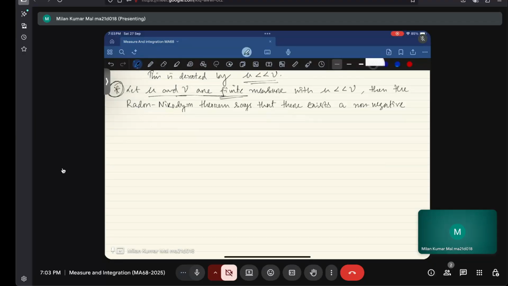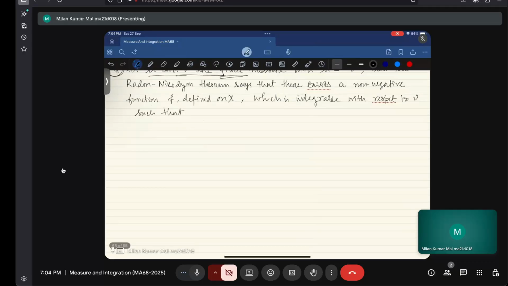There exists a non-negative function f defined on X which is integrable with respect to nu, and such that mu of E is equal to the integral over E of f d nu. This is what it is.